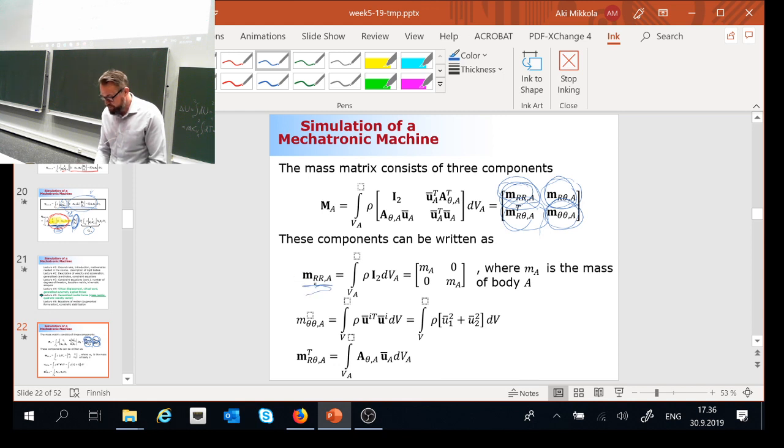So the first one, associated to the translational tenderized coordinates, is a 2 by 2 diagonal matrix. Diagonal components are the mass of the body. That's it, because again, it is associated to translational motion. Then this one is the mass moment of inertia.